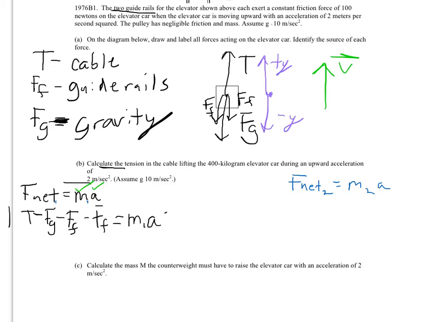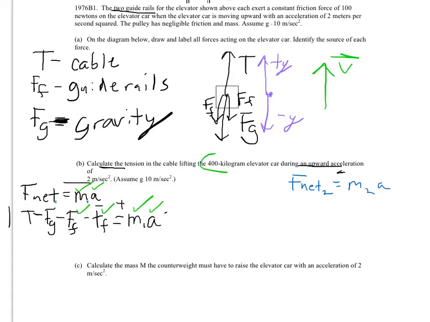We know this thing will accelerate upward, so this term here will be positive. And if we use the other object, it will be negative, because if one of them goes up, the other has to go down. We said earlier we know acceleration and mass. We know FF. The problem says each one's 100.